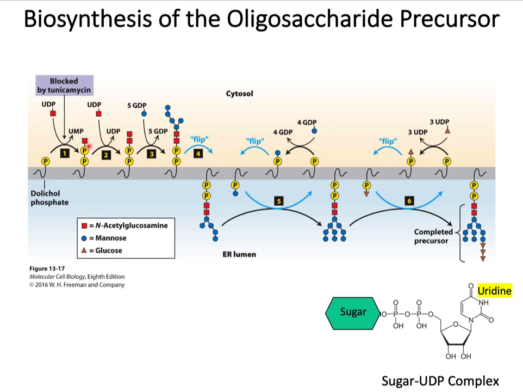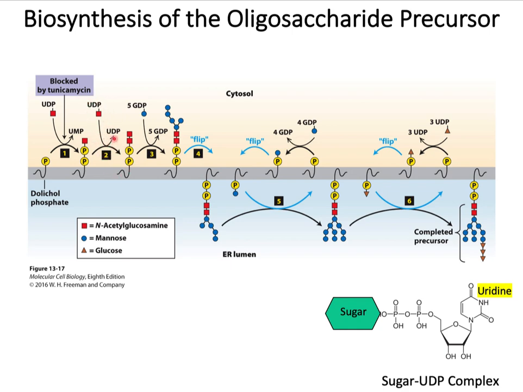And that will first attach the first N-acetylglucosamine. This is a step that is blocked by tunicamycin. So it's very important.